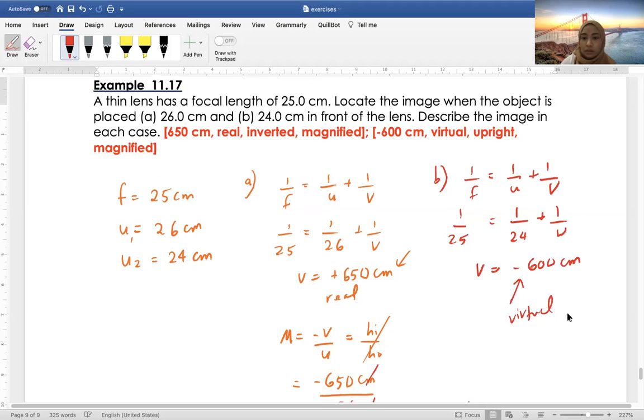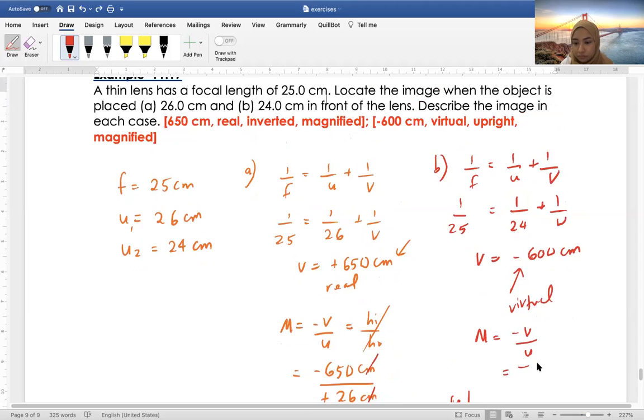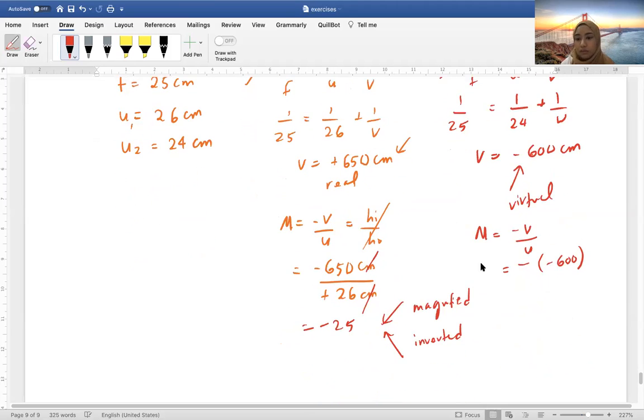Next one, use your m equation. Negative v over u: negative of minus 600 over u, where u is 24. Centimeter cancelled out. This becomes positive 25.